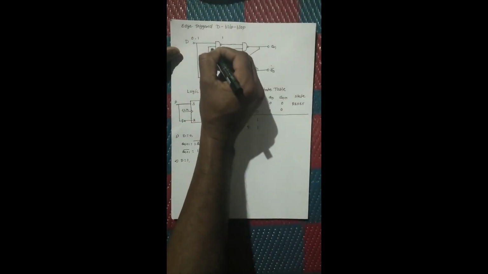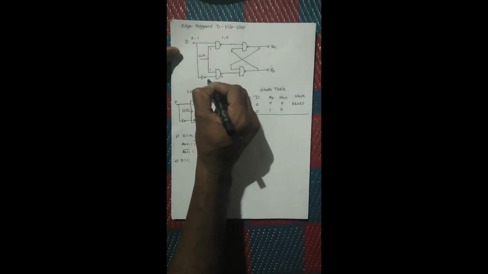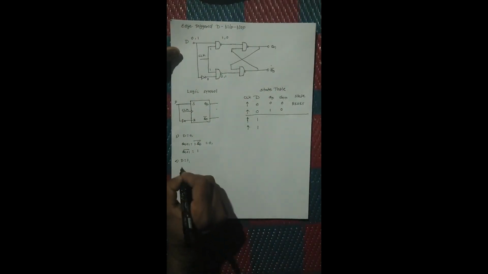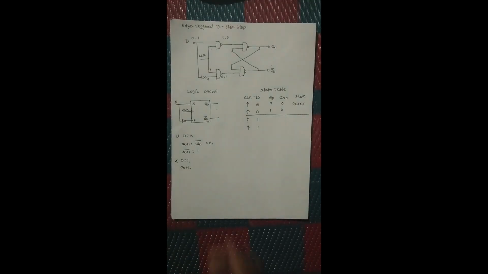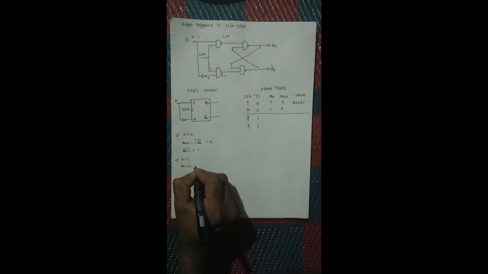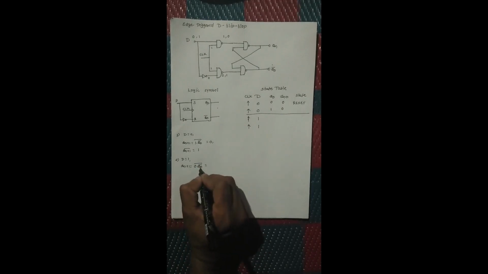When D is equal to 1, this will be 1 into 1 becomes 0. This 1 is complemented here, so it will be 0. 0 into 1 becomes 1. For Q of n plus 1, Q of n into 0, and this input is Q of n bar, so 0 into Q of n bar and its whole bar. What is the value of Q of n bar?